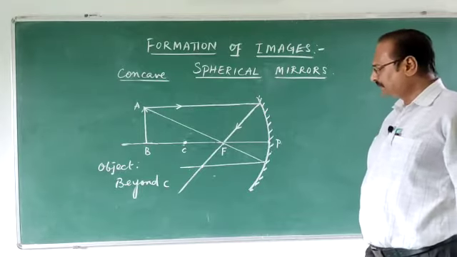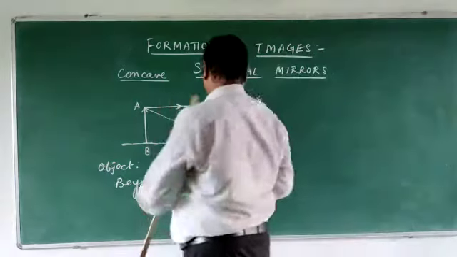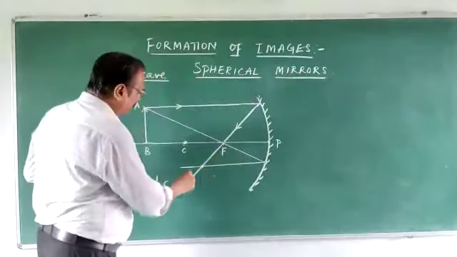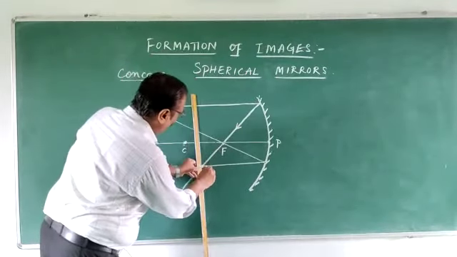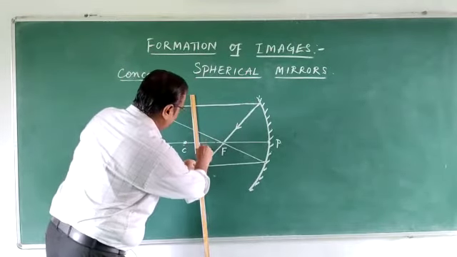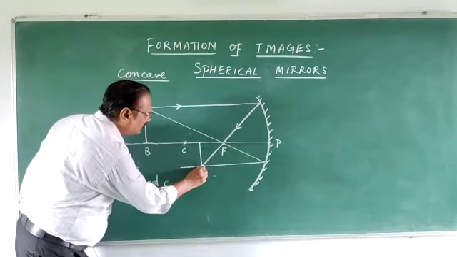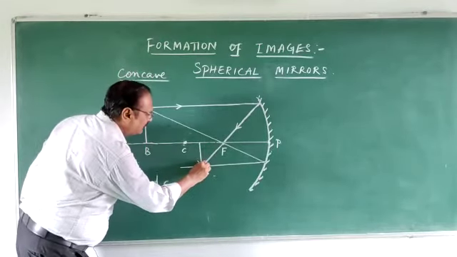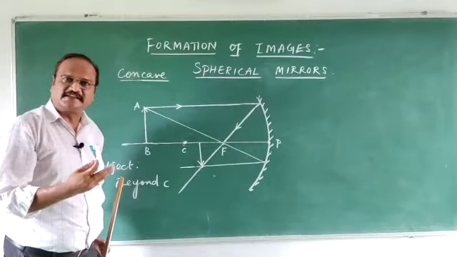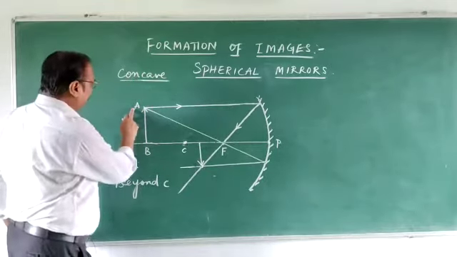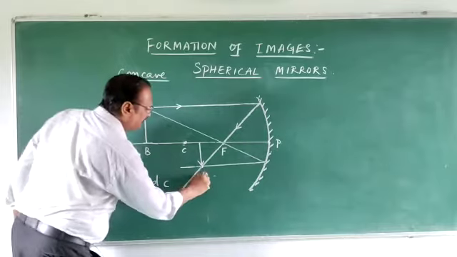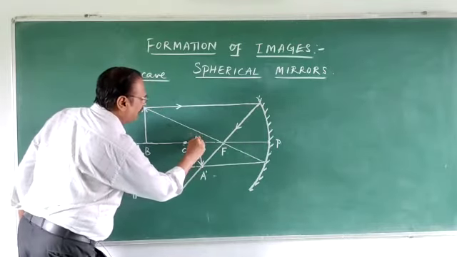Fine. Now this is the point where you got, see, the point is here like this. I draw from the principal axis a line like this. This point is downward, so the image is inverted. The image is inverted. A, B, I can say A dash, B dash.